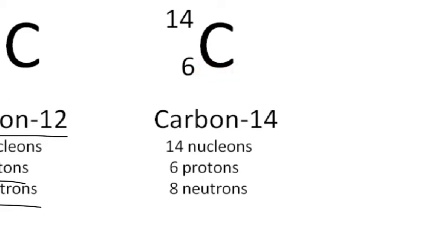Carbon always has 6 protons, never 5, never 7. 5 protons would be a totally different element, and 7 protons would be a totally different element. So carbon always has 6. 14 refers to the total number of nucleons, so 14 minus 6 gives you 8 neutrons. So that's Nuclide notation.